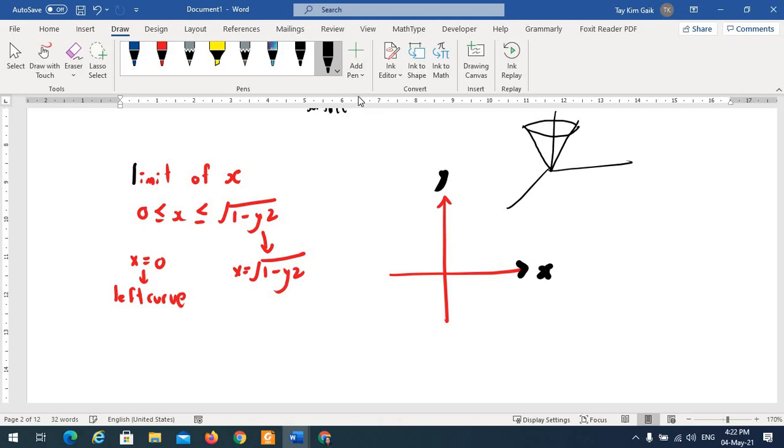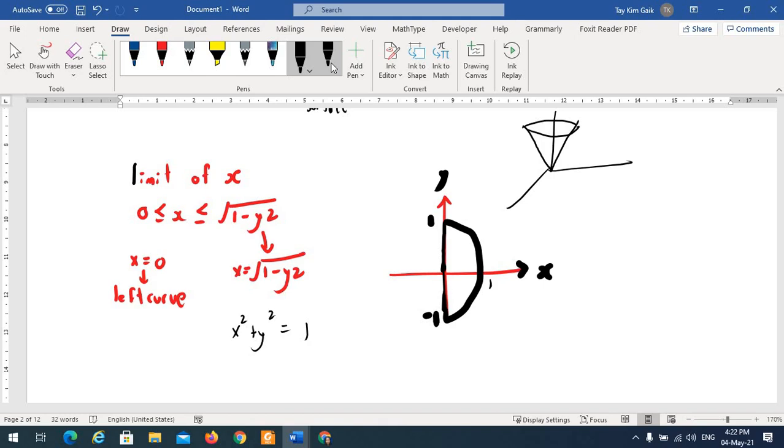This is the x-axis. So x equals 0 is on your y-axis, until x equals positive square root of 1 minus y squared. This is 1, this is negative 1, this is 1. When you square it back, you have x squared plus y squared equal to 1, meaning a unit circle.